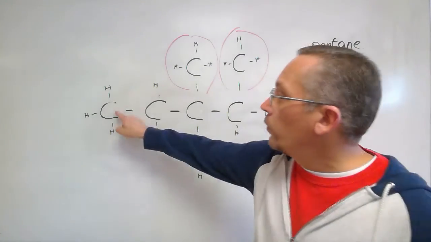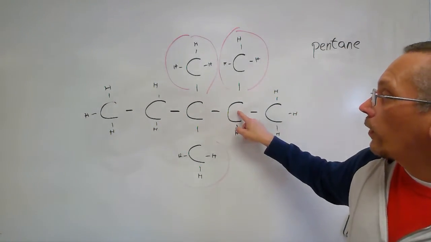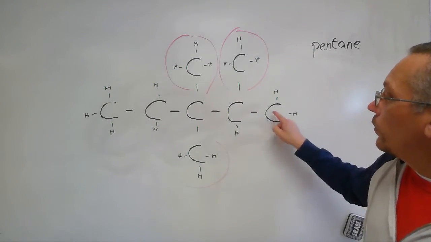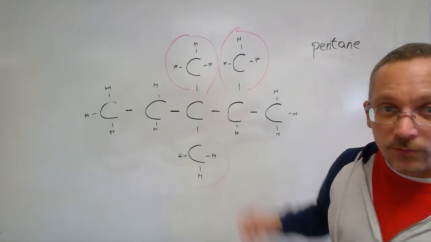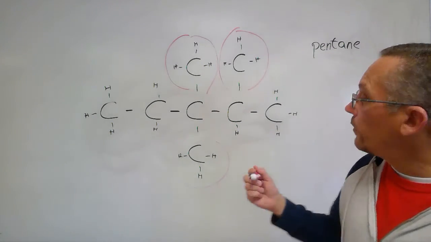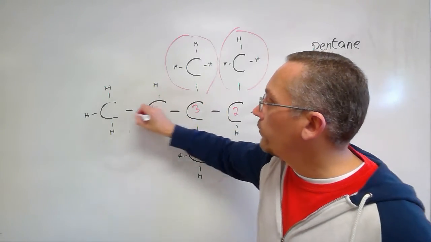So I could number 1, 2, 3, 4, 5, and then I get branches on 3 and 4. Or I can number 1, 2, 3, 4, 5, and I get branches on 2 and 3. And that way gives me the smaller numbers.